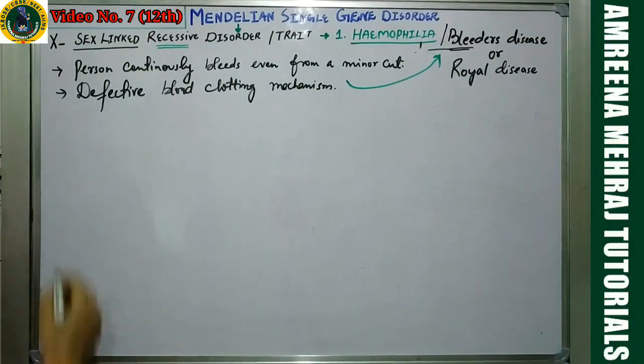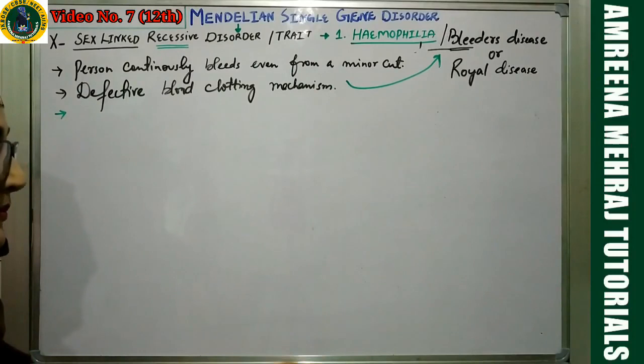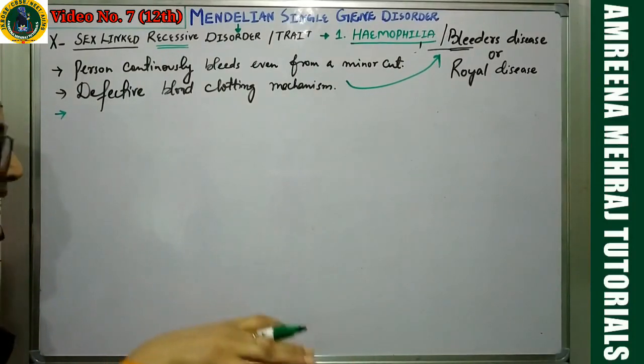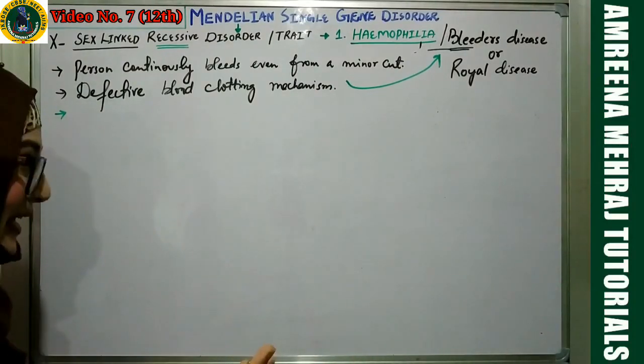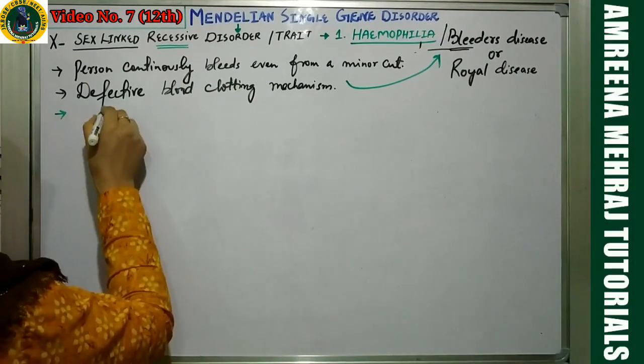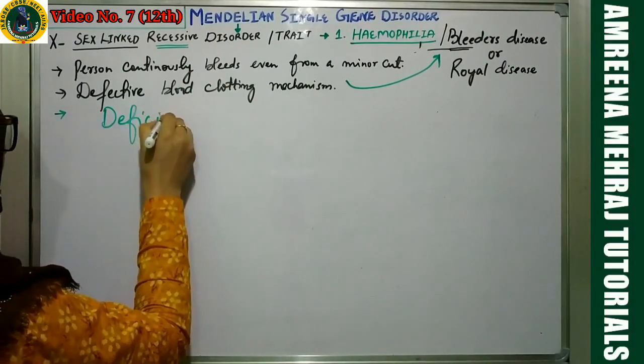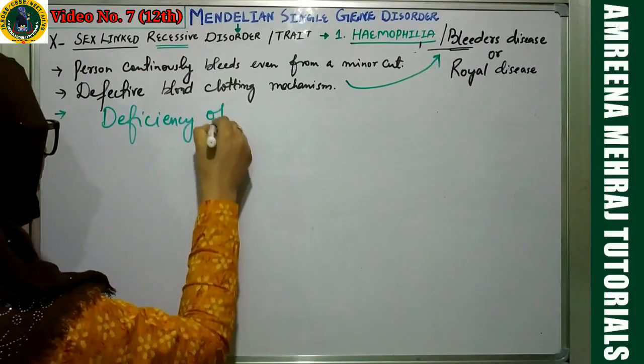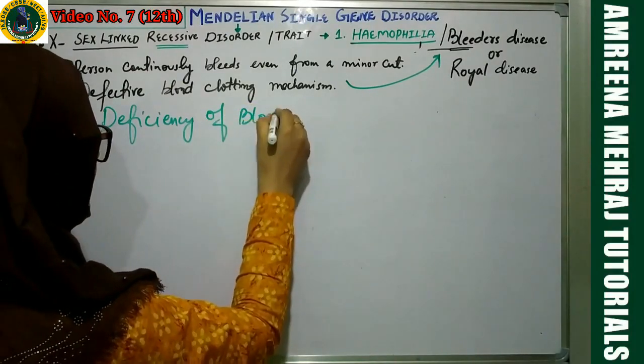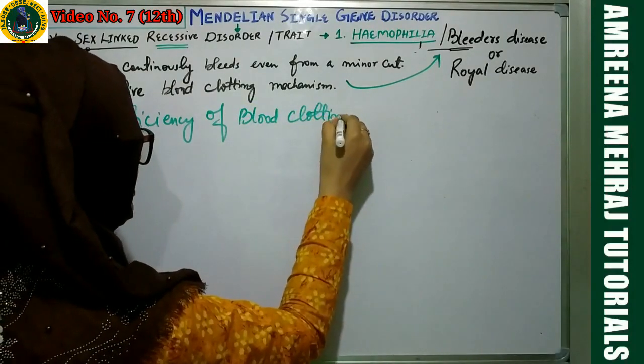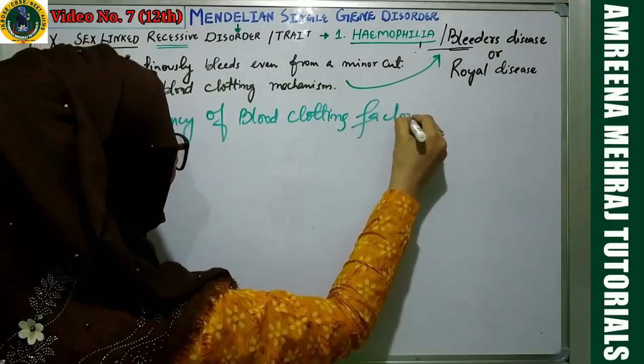Now my dear students, what else we need to remember is this problem, this defective blood clotting mechanism, is caused due to what? Can you guess? It is caused due to deficiency of blood clotting factors.